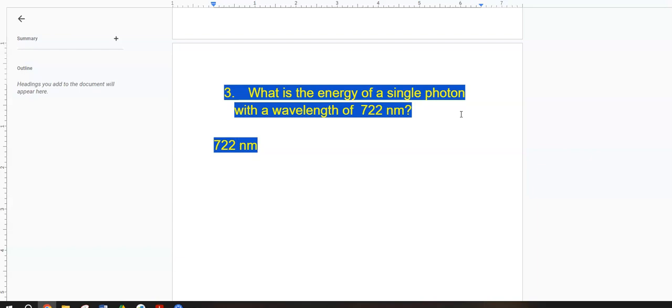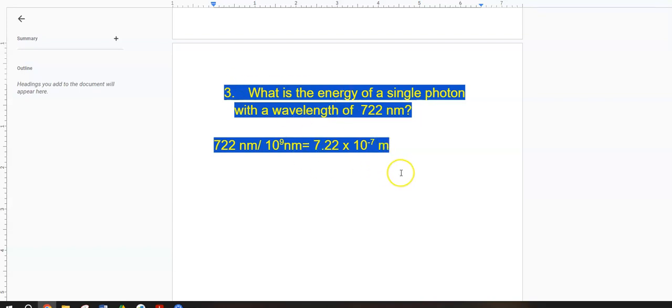I need to divide by 10 to the 9th, because that is how many nanometers are in 1 meter. So I'm going to divide by that, which gives me, now my new unit is meters. Okay, yay. So now I'm in meters.